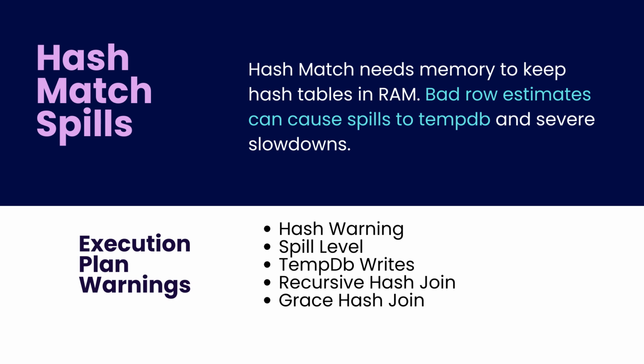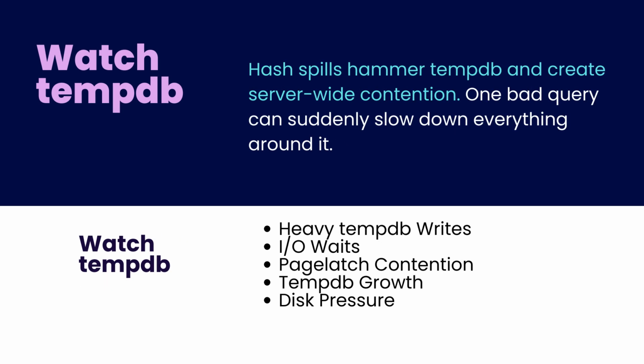A query that normally finishes in milliseconds can suddenly take minutes once spills begin. Hash spills don't happen quietly. They light up tempdb. So keep an eye on it, because one bad query can suddenly impact the entire server. Spills create contention everywhere.